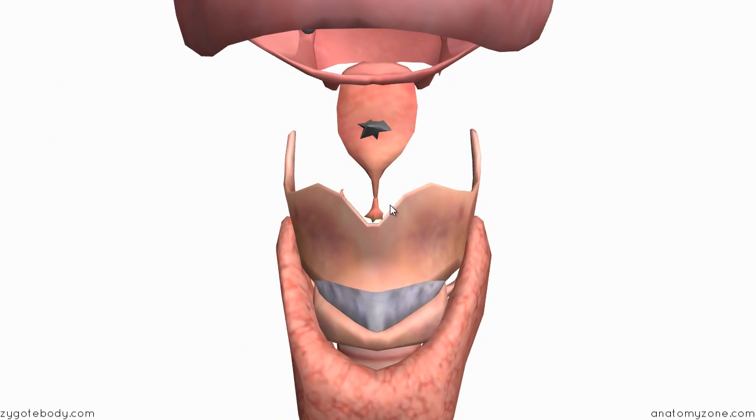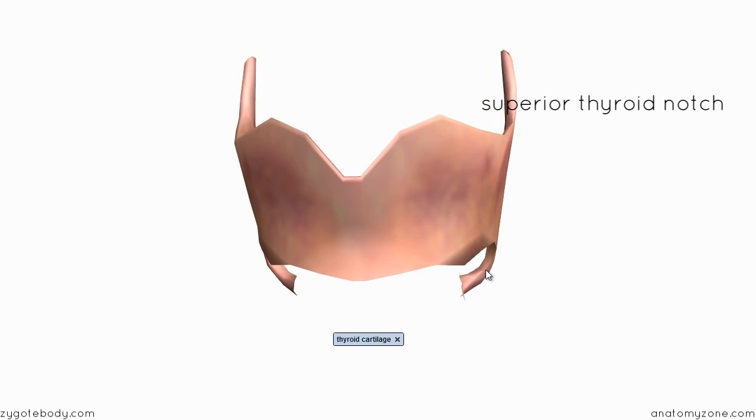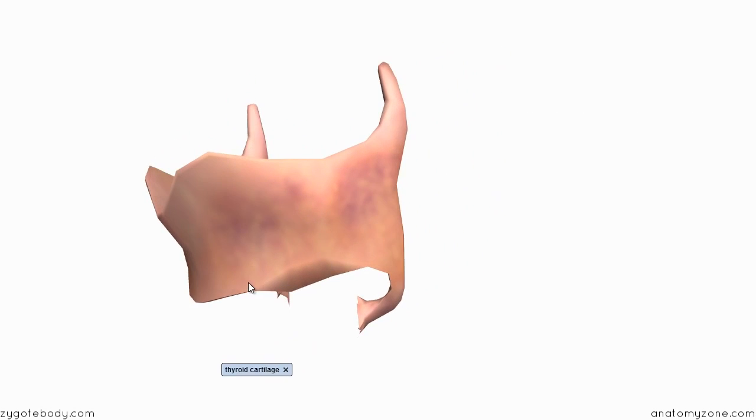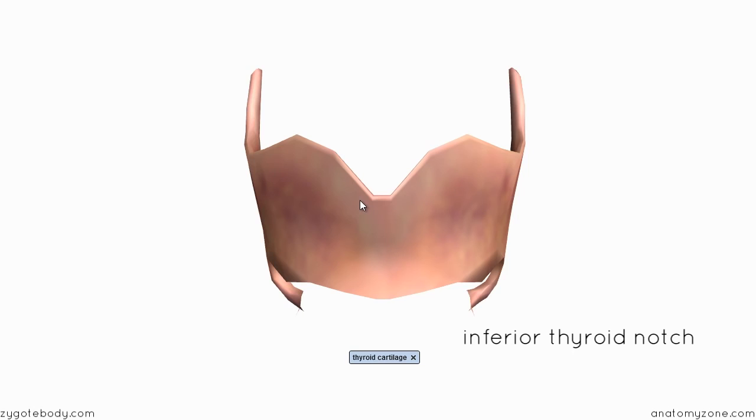So you've got this little notch as well where these lamina meet, and this is called the superior thyroid notch. So it's not very clear on this model, but inferiorly in the midline you've got a notch called the inferior thyroid notch, but the superior thyroid notch is much more evident.